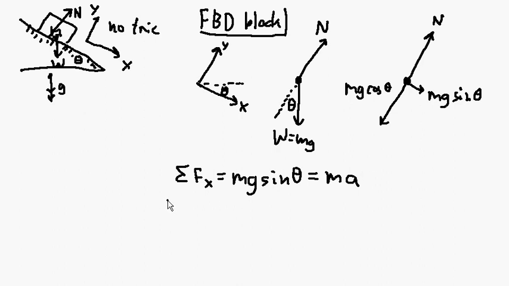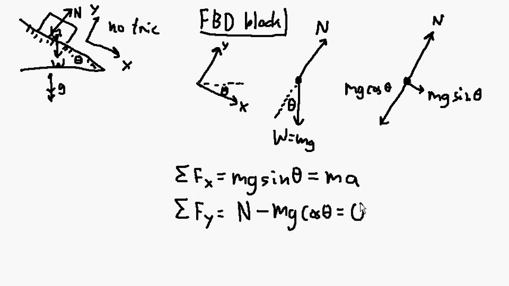But anyway, and then the forces in the y direction. We have this mg. No, hold on, we don't. Okay, so the first force we have in the y direction is the normal force going up, so that's positive. And then we do minus this force going this way, minus mg cosine theta. And that's going to equal 0 because it is not accelerating in the y direction.